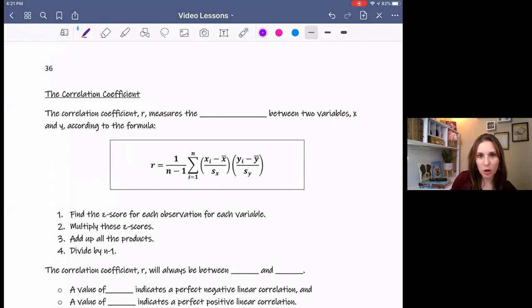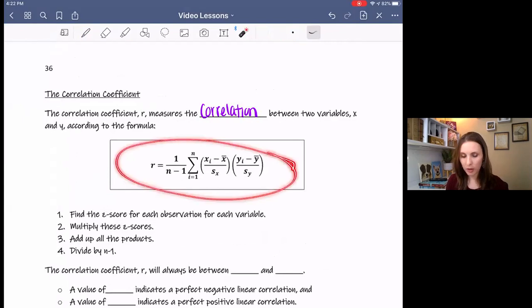So the correlation coefficient, which is r, lowercase r, measures the correlation or relationship between two variables, x and y, according to this formula.